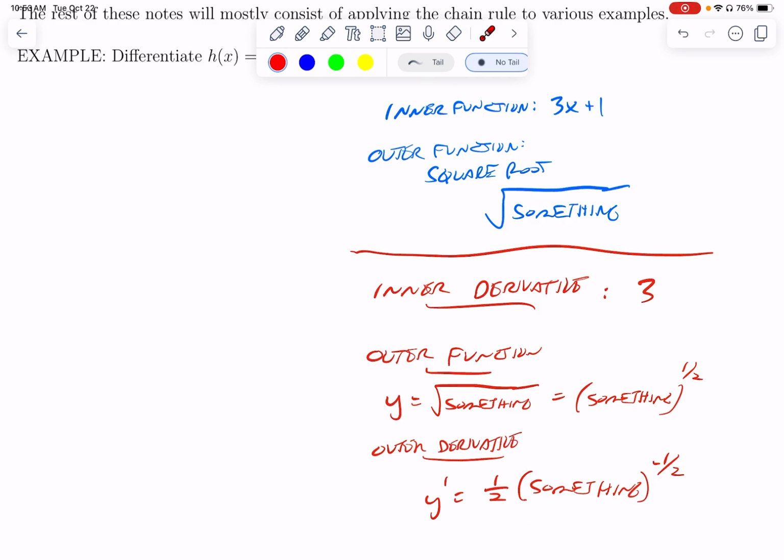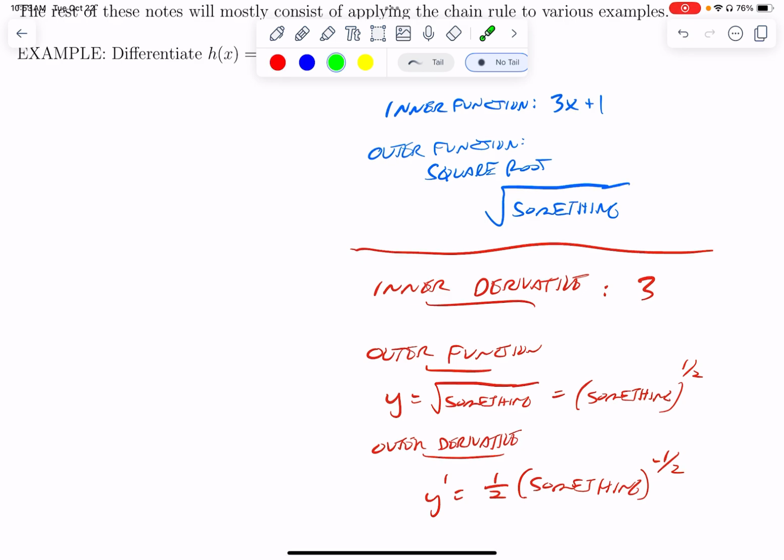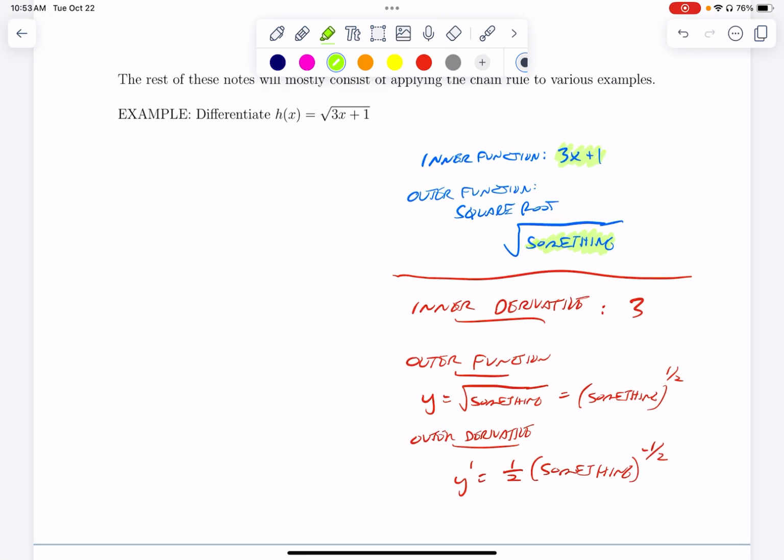If my variable was called t and I was doing it with t to the 1/2, this is my pattern for the derivative. Regardless of what we're calling that input variable, this would be the pattern. And we'll remember that that something was actually just the inner function, but I don't want to dwell on that.